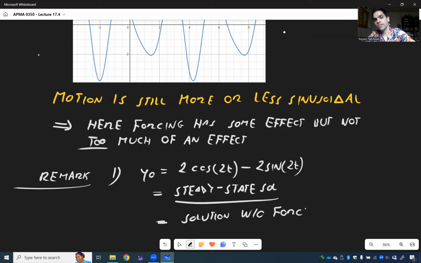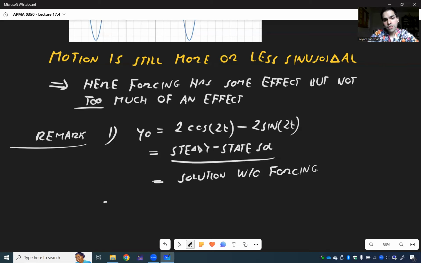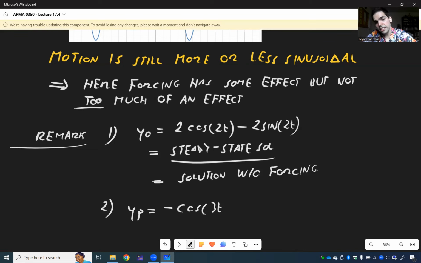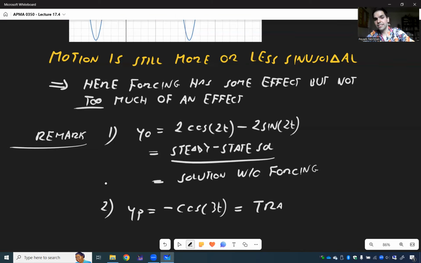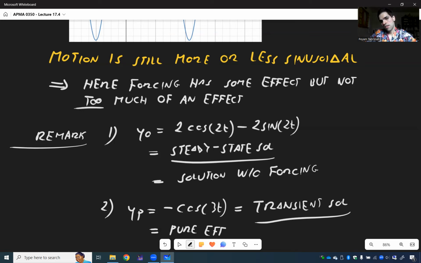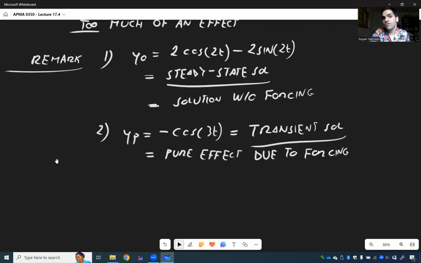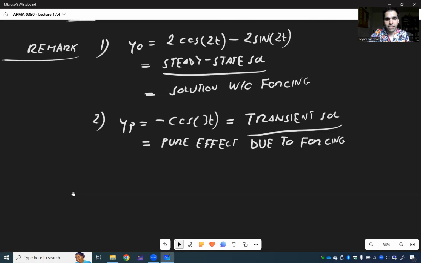If the forcing were 0, you would get this pure sine and cosine wave. The particular solution, minus cosine of 3t, is sometimes called the transient solution, and it's really the pure effect due to forcing. In other words, what effect does the force have? The answer is minus cosine of 3t.